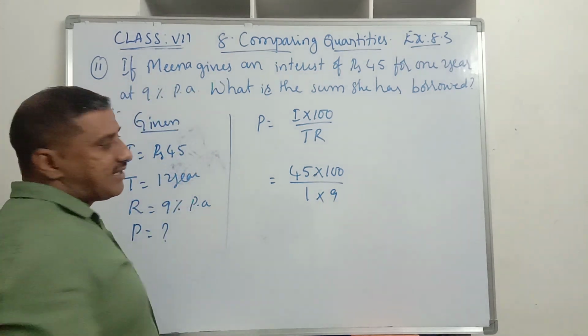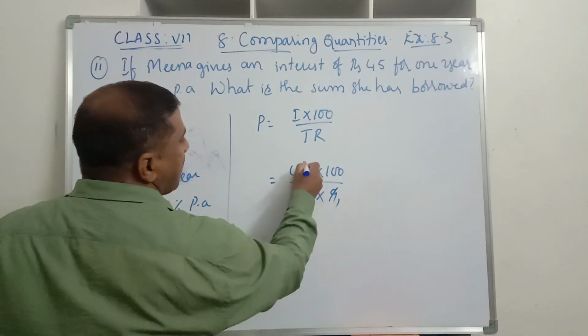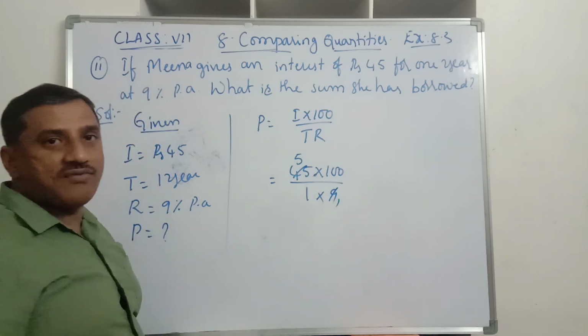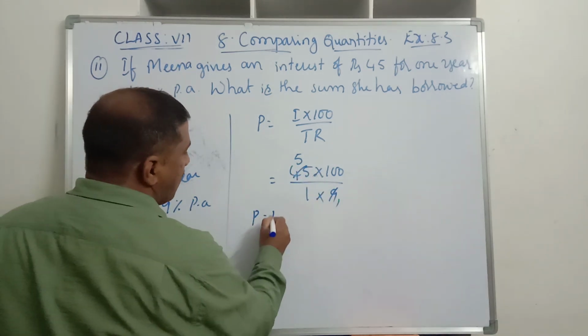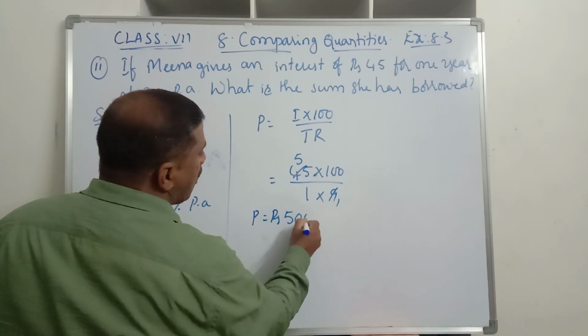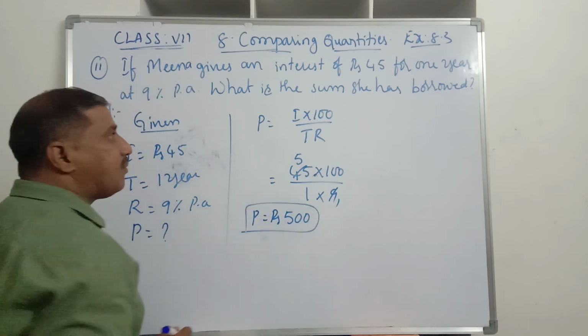Now simplify this. 9 ones are 9, 9 fives are 45. Now 5 into 100 is equal to what? 500. So principal is equal to how much? 500 rupees.